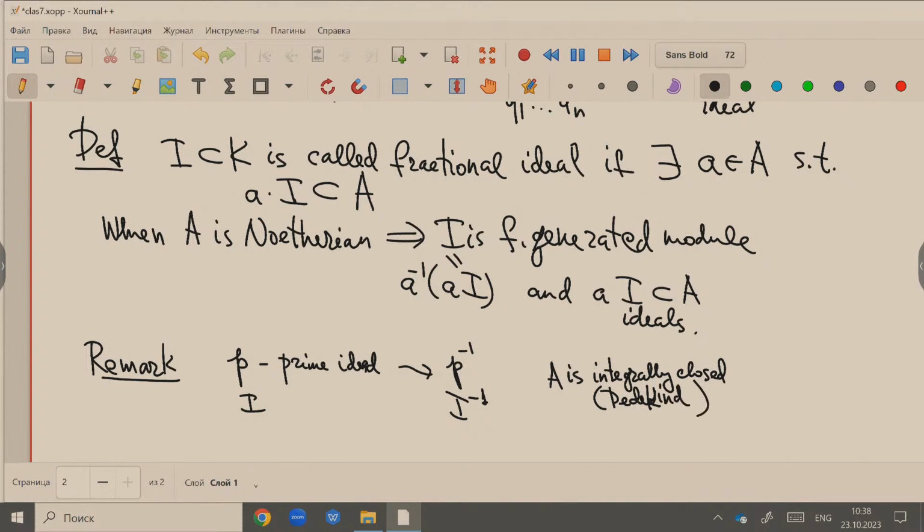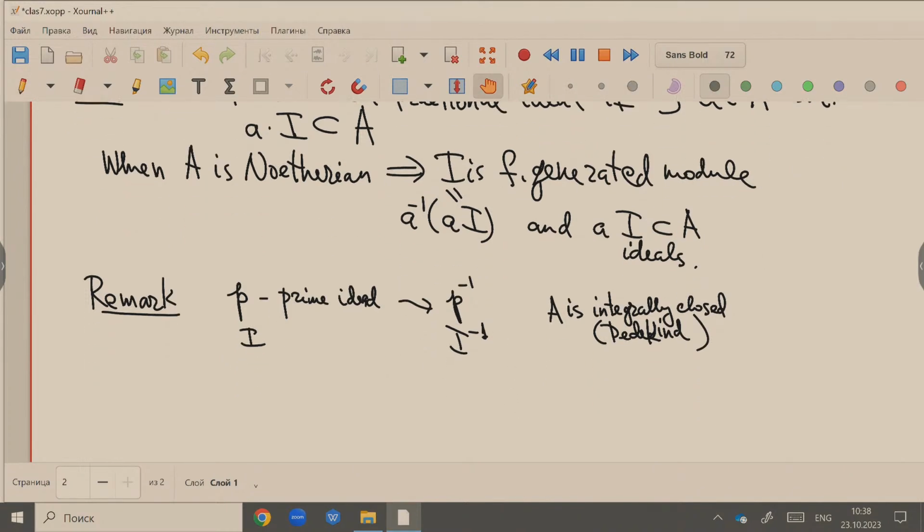So we have noticed that P inverse was proved first of all to be larger than the initial ring, and P inverse times P was just the whole ring A.